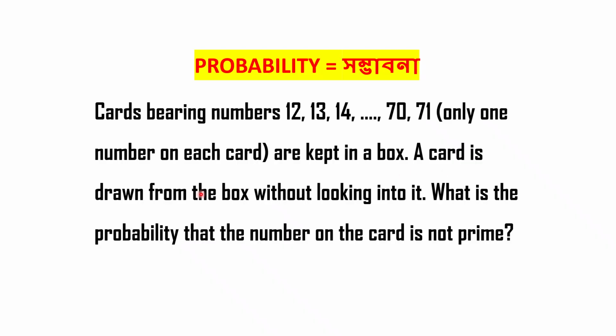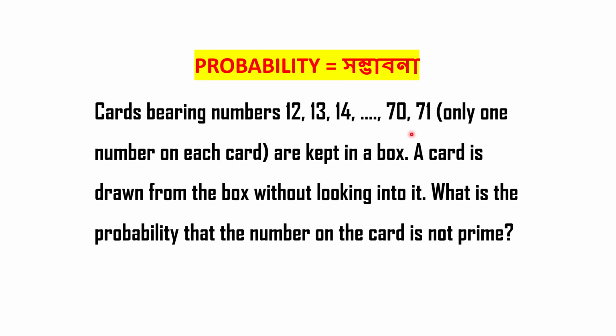A card is drawn from the box without looking into it. না দেখে একটা কার্ড বার করতে হবে। What is the probability that the number on the card is not prime? Prime হবে না, অর্থাৎ এটা প্রাইম নাম্বার হবে না, তার প্রবাবিলিটি কত?